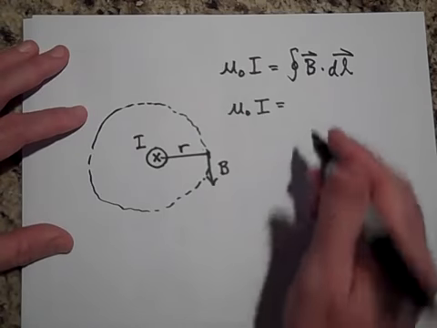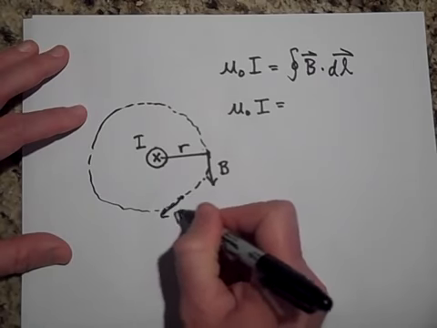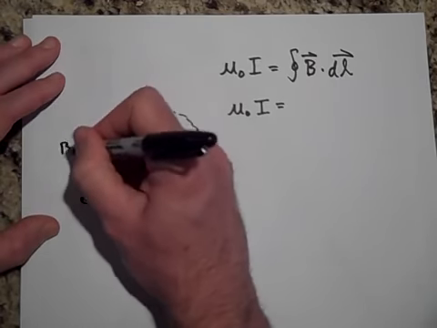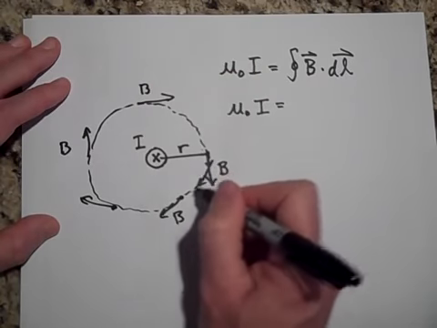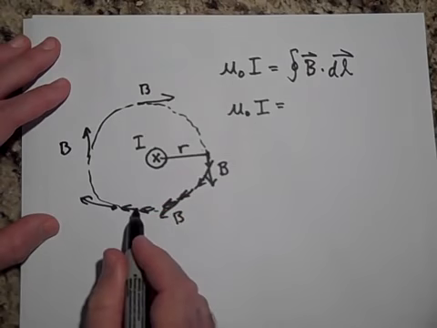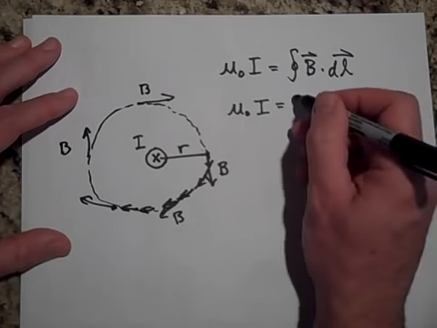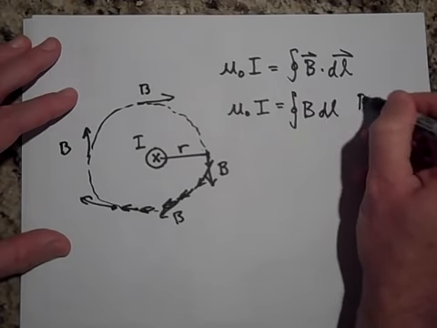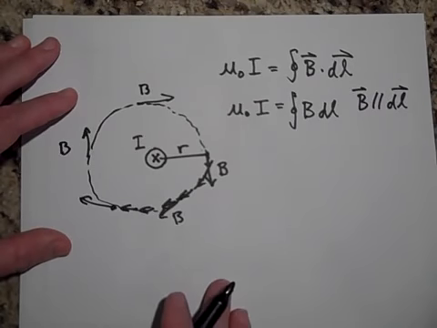And that's equal to, now I'm going to get rid of the dot product, because for every point on here, B is this way, B is this way, B is this way. The dLs are always parallel to them. These infinitesimally small dLs make up the Amperian loop. So I'm going to get rid of the dot product, because B is parallel to dL at every point on the Amperian loop.